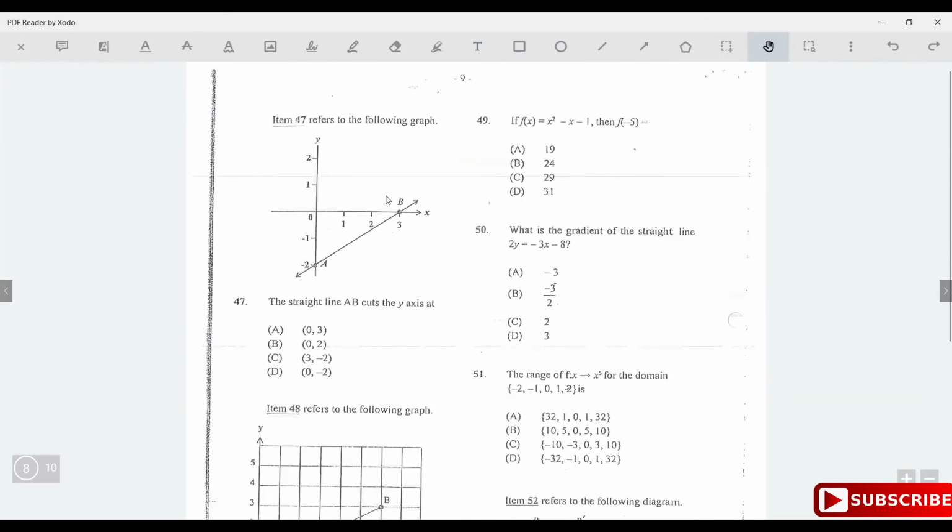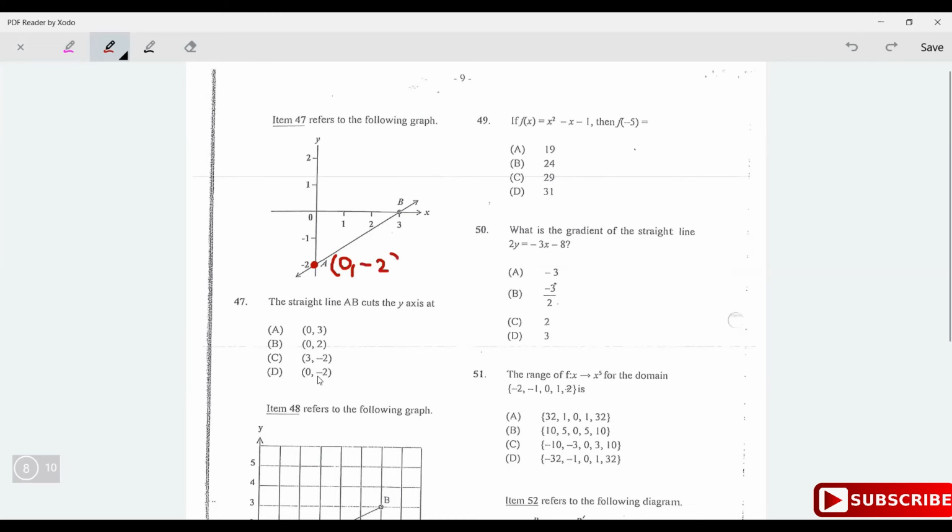Question 47. It says now, the straight line AB cuts the y-axis. Now this is the x-axis, this is the y-axis. It cuts the y-axis at A, and A has an x-coordinate of 0 and the y-coordinate is -2. So it cuts it at 0, -2.